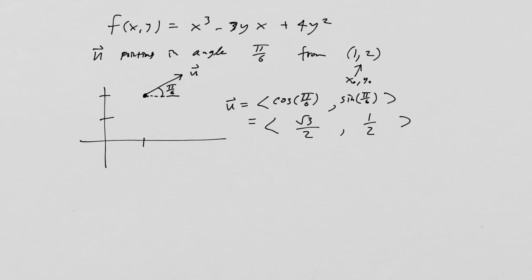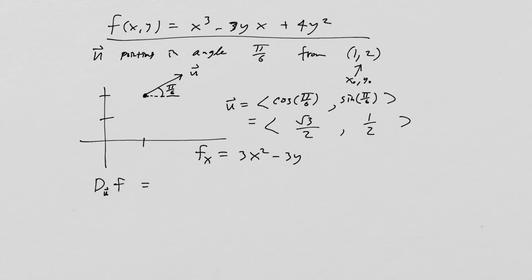All right, now it's time to plug in and do the formula. So d of u of f, the directional derivative of f in the direction u, what we have to do is take the partial derivative of our function f with respect to x. We'll call it fx, and that's going to be 3x squared minus 3y.